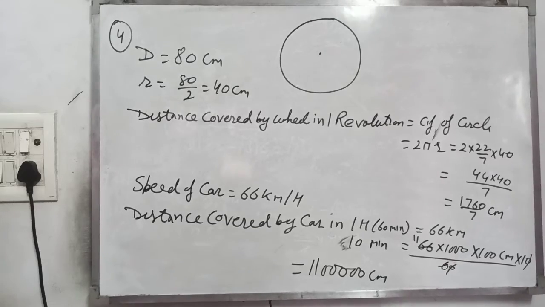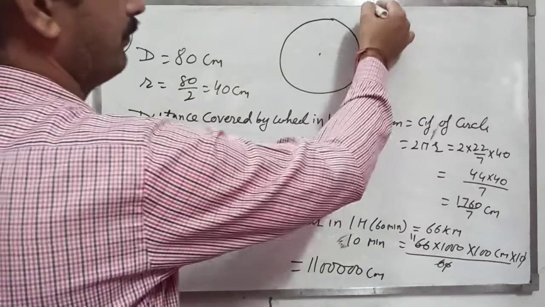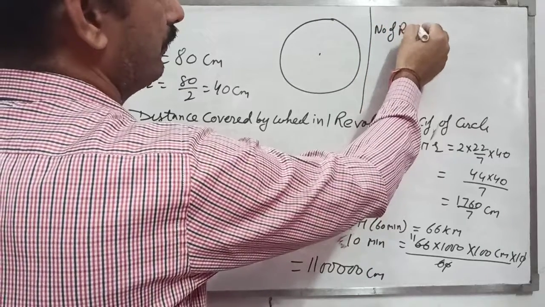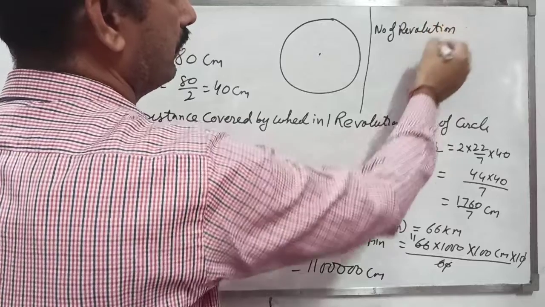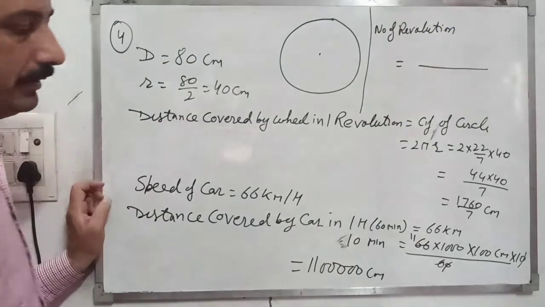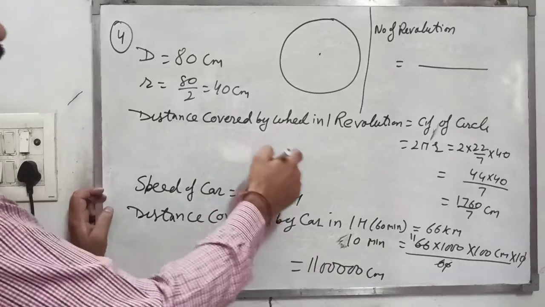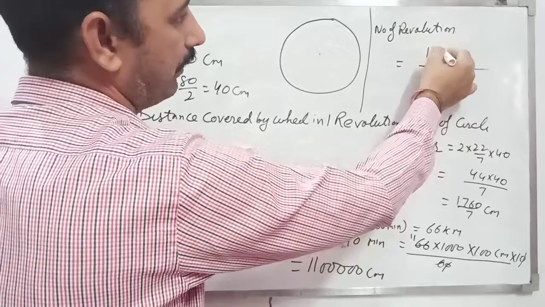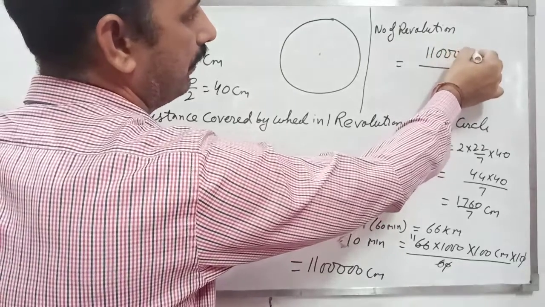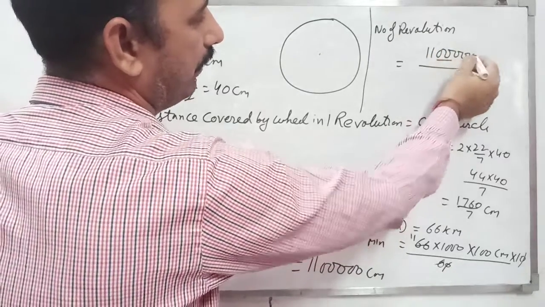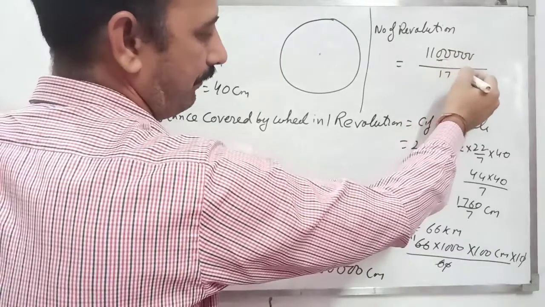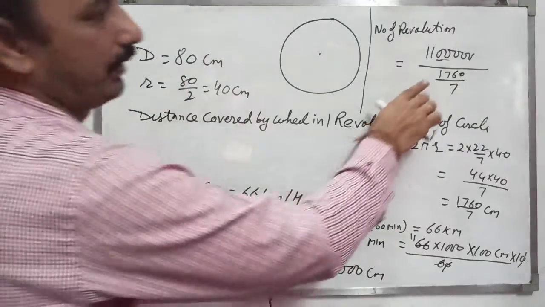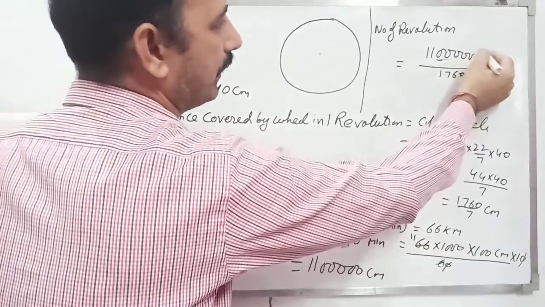But we want to find the number of revolutions. The number of revolutions is equal to the distance covered by the car divided by the distance in one rotation of the wheel, that is 11,000 divided by 1760/7. The 7 goes to the upper side.